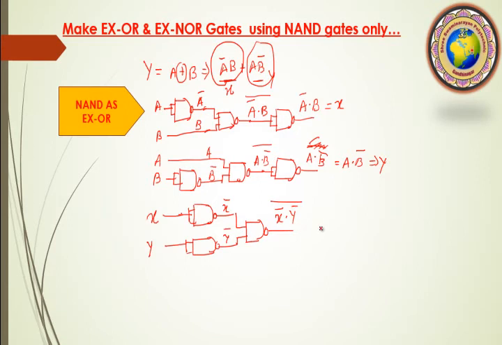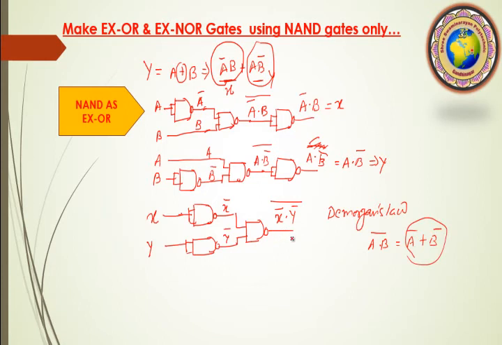So apply De Morgan's law here: A dot B whole bar is equal to A bar plus B bar. So I want this formula here.